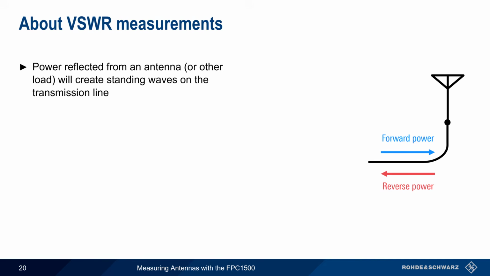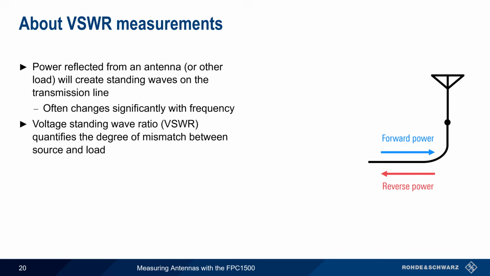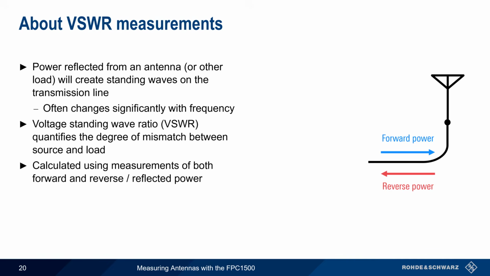This combination of forward and reverse power results in the formation of standing waves on the transmission line. The magnitude of the reflection and standing waves is usually highly frequency dependent. Voltage standing wave ratio, or VSWR, is one of the most common ways of quantifying this mismatch, and is calculated from measurements of both the forward and reverse power.